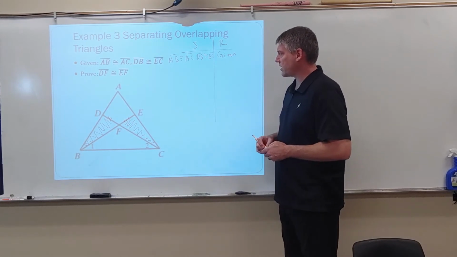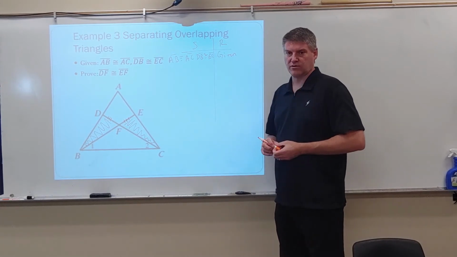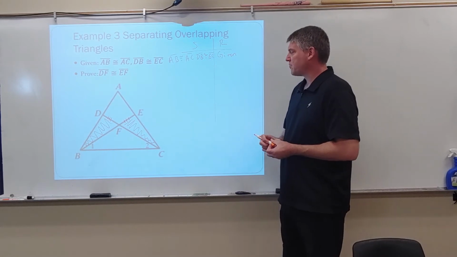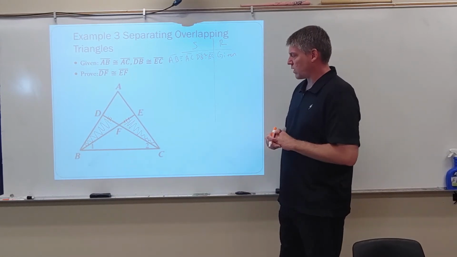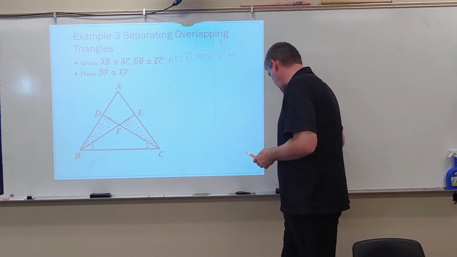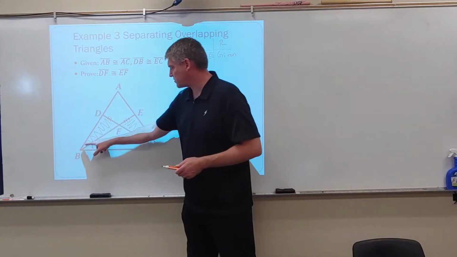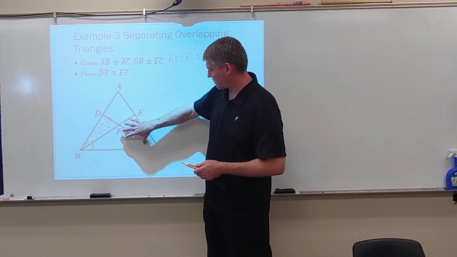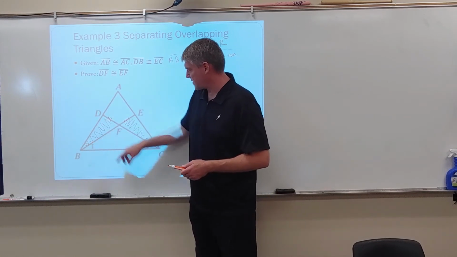So I'm really trying to look at finding that congruency there. What might happen though is I might have to find these triangles first, right? So I might have to find this piece and then this piece.